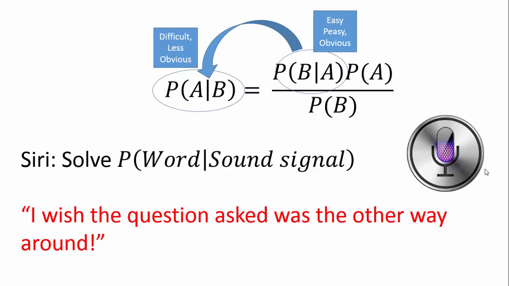Now, in a sense, in very simple terms, what this smartphone app is really doing is solving the following problem. Given that I received this sound signal, what is the most likely word that this person has just spoken?